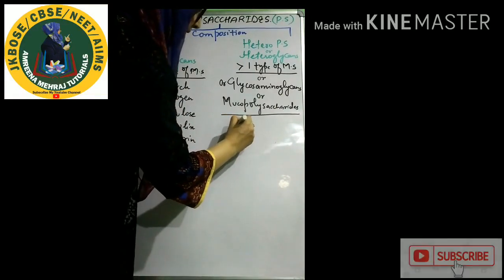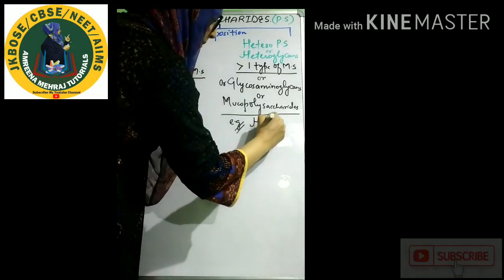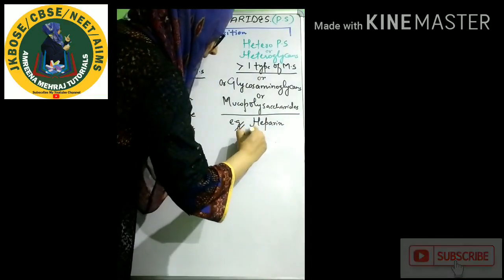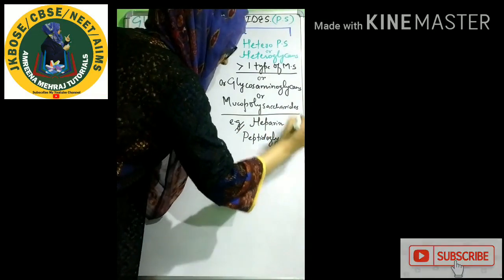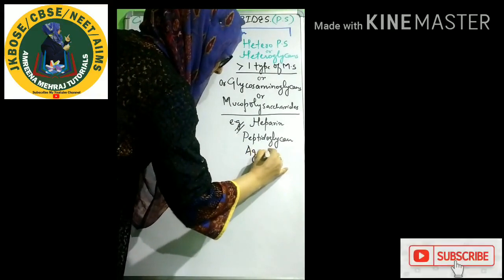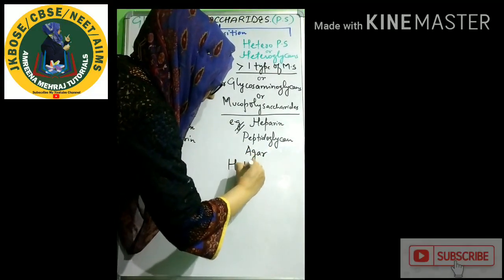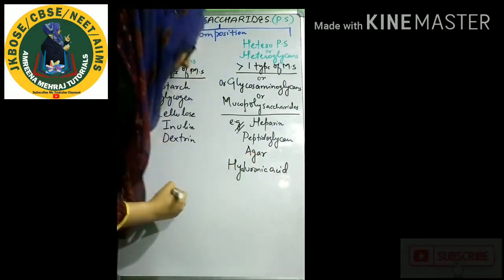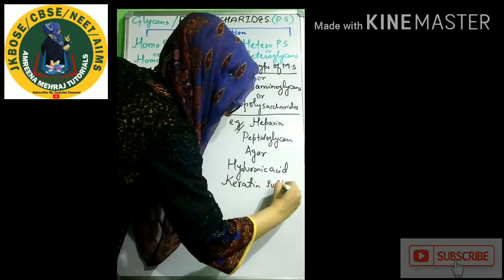As far as heteropolysaccharides are concerned, you have a couple of different examples. The easiest one to remember is heparin, which is actually a blood anticoagulant. It's a heteropolysaccharide. Another easy example is peptidoglycan, which you have come across in the bacterial cell wall maybe. Another example I can give you is agar.